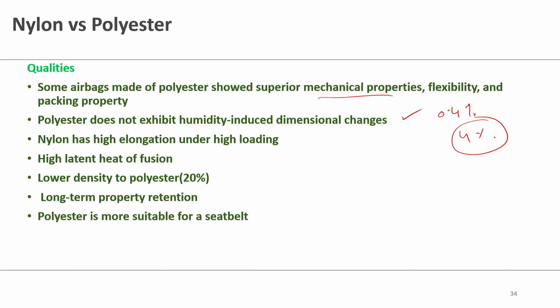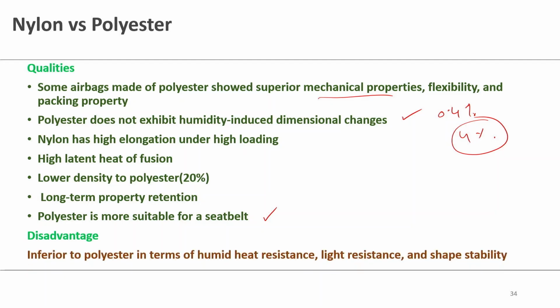Polyester is more suitable for seat belts and nylon is suitable for airbags. The disadvantage is that nylon is inferior to polyester in terms of humidity resistance, because its moisture regain is high, as well as light resistance and shape stability.